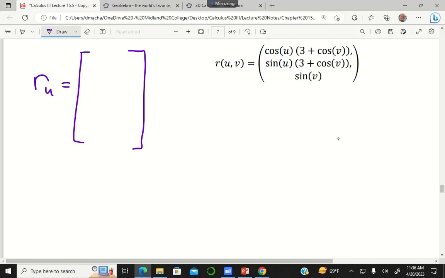I can just say that this is negative sine of u times 3 plus cosine v.